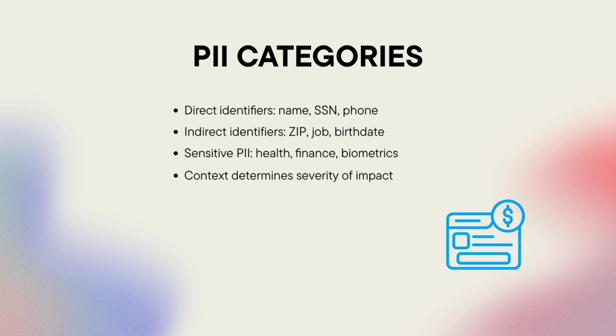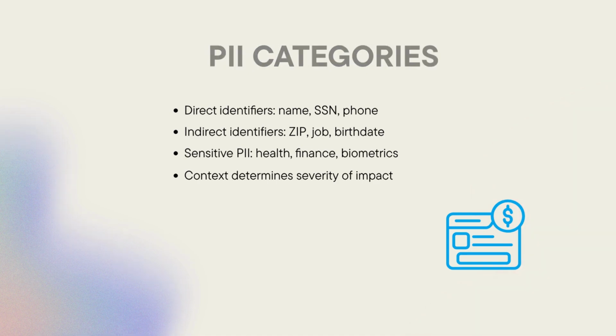Sensitive PII refers to high risk information like medical history, financial accounts, or biometric data. These carry a heavier burden of protection because exposure can cause lasting harm. Context also matters. A birth date might be low risk in one dataset, but highly identifying in another. Privacy is always situational.